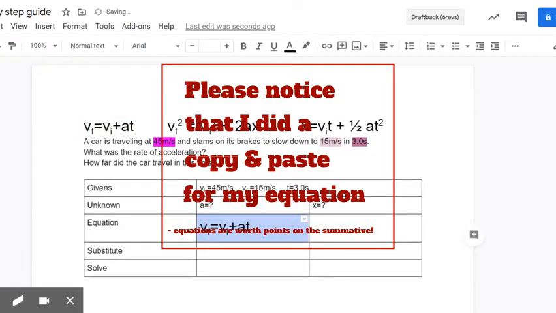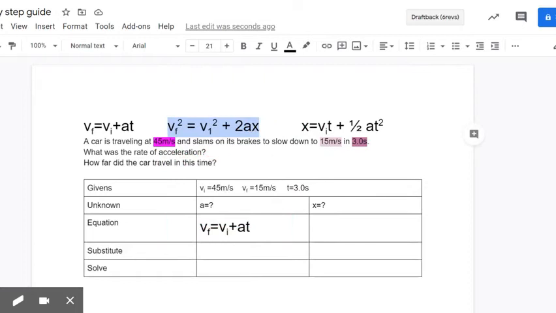But before we move on, let's go through the other two and figure out why they're not right. So on the second equation that I have highlighted, I have the VF, it's 15. I have the VI, it's 45. I don't have the A, but I want the A, but I don't have the X either. So there are two unknown variables in the second equation.